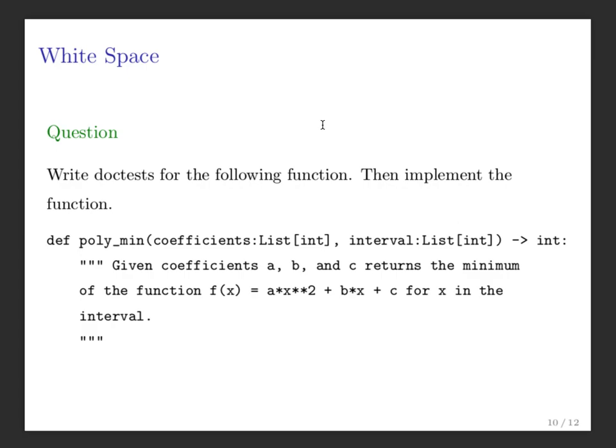I could draw another one like this, just a regular parabola, and then restrict the interval to here. And then this would be the minimum. So I've given you a problem where you take in A, B, and C, the coefficients of a polynomial, and an interval with a left endpoint and a right endpoint. And I want the function to return the minimum value of the polynomial.